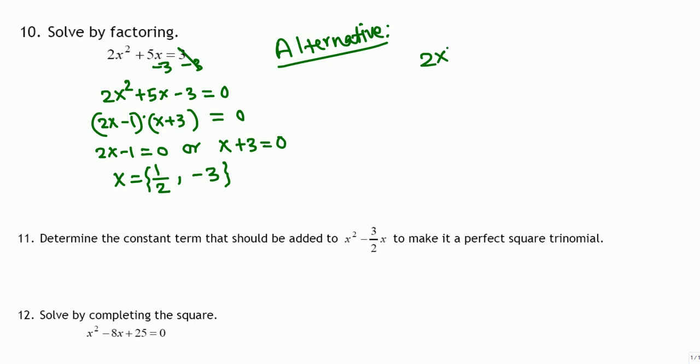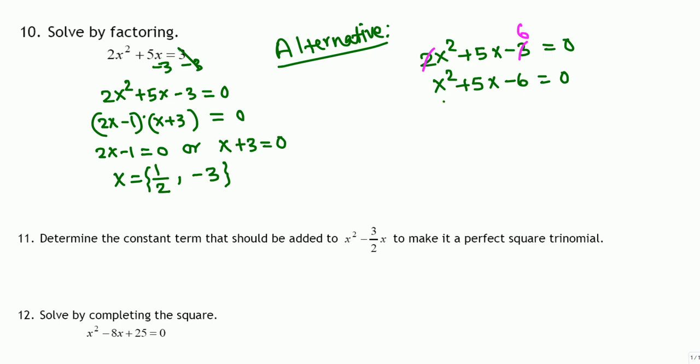We have 2x squared plus 5x, bring 3 to the left side, so minus 3 equals 0. Now move the 2 to the last term, so the 2 cancels here, and 2 times 3 is 6. So we now have x squared plus 5x minus 6 equals 0.